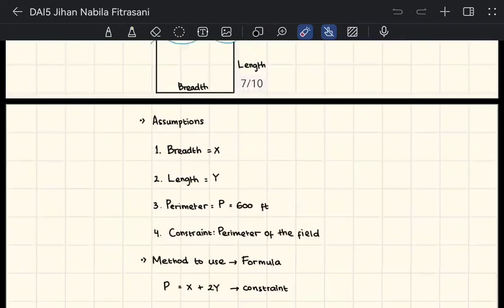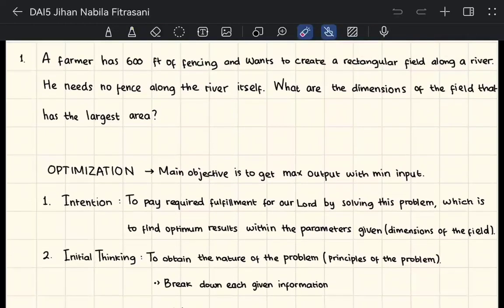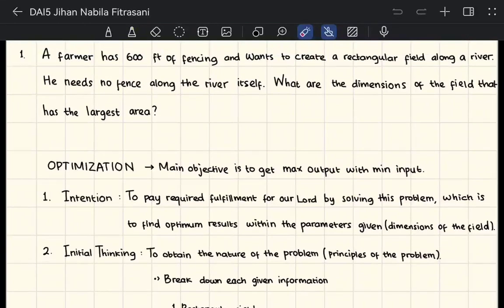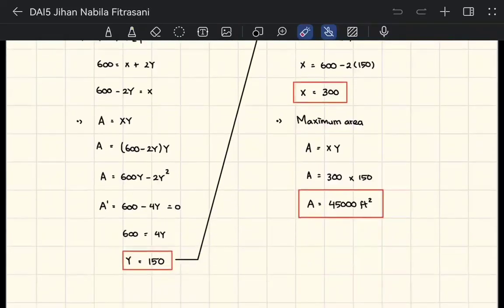So the answer to the question, what are the dimensions of the field that has the largest area? The largest area is 45,000 square feet, and the dimensions of the field are 300 multiplied by 150 feet.